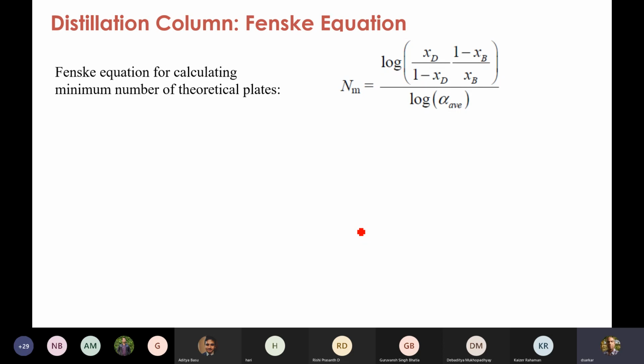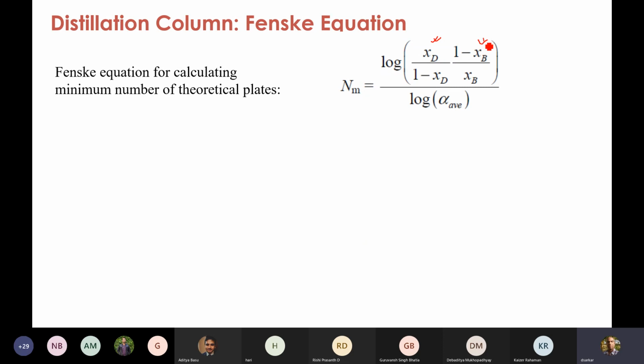There are analytical expressions known as the Fenske equation, which is based on certain assumptions. And this gives you the minimum number of theoretical plates that may be required. So note that these are based on these compositions. XD is the composition of the distillate.